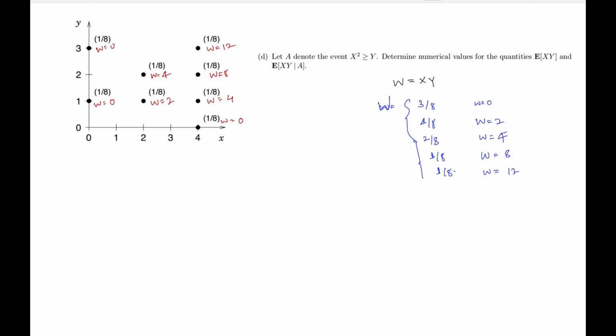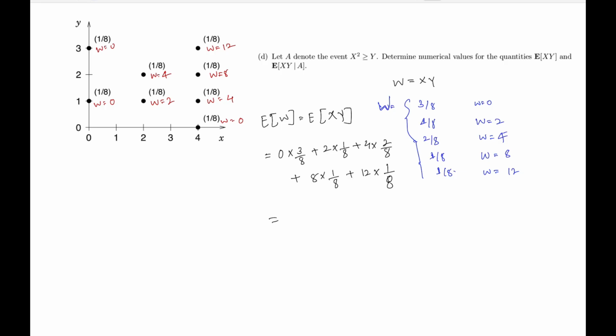Now we have to find the expectation of this random variable w, or the expectation of this random variable xy. We can use the expected value rule for this function, x times y. So it is 0 times 3 divided by 8 plus 2 times 1 divided by 8 plus 4 times 2 divided by 8 plus 8 times 1 divided by 8 plus 12 times 1 divided by 8.